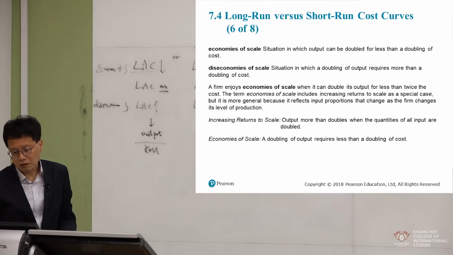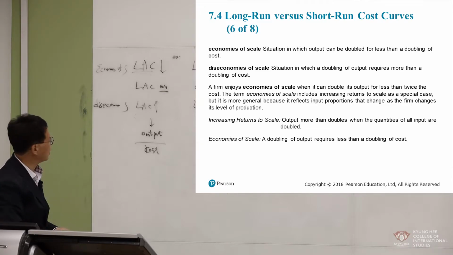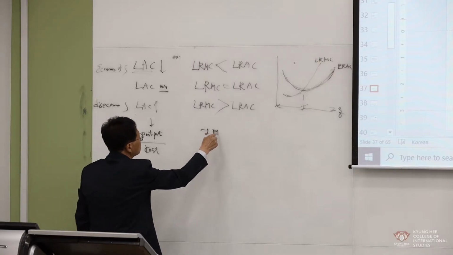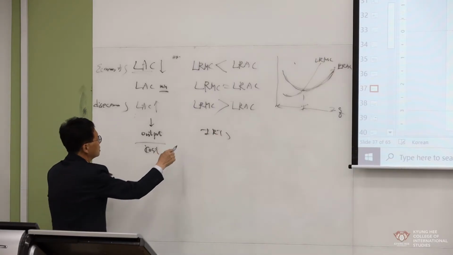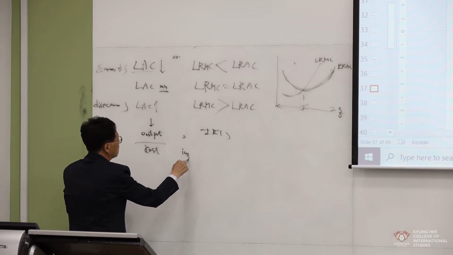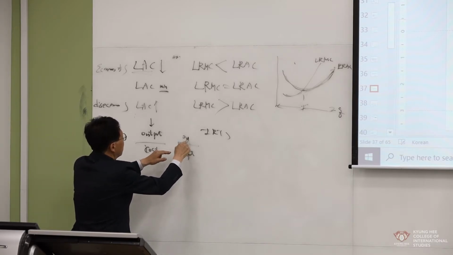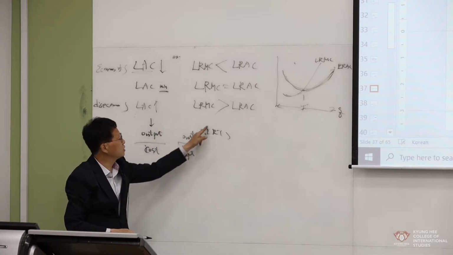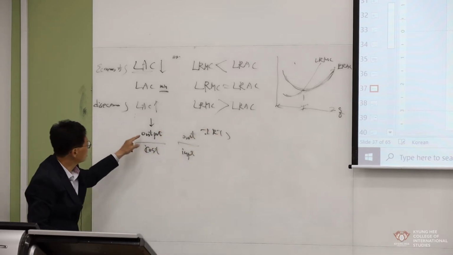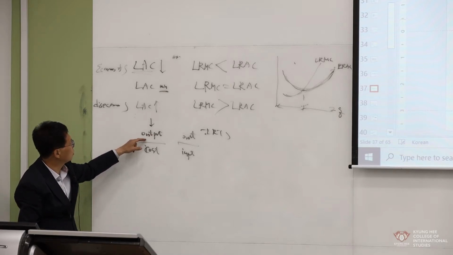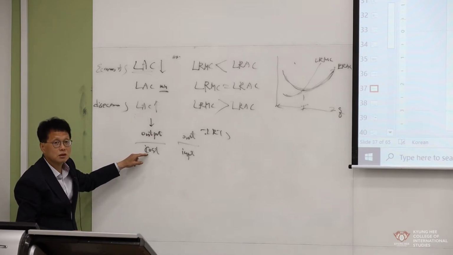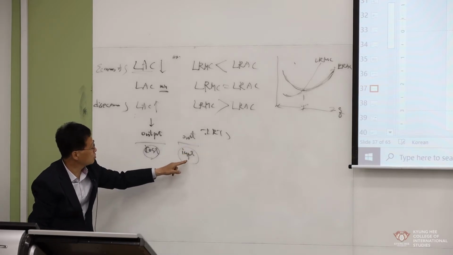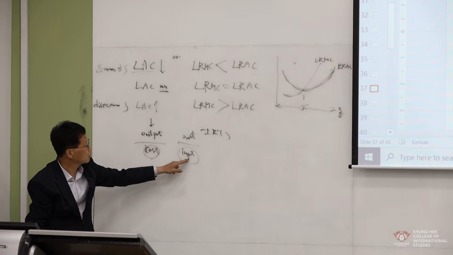Now think about increasing returns to scale. Increasing returns to scale means input doubled, output more than doubled. That is the definition of increasing returns to scale. Economies of scale means output more than doubled when cost doubled. So that is cost; in increasing returns to scale, that is input, right?